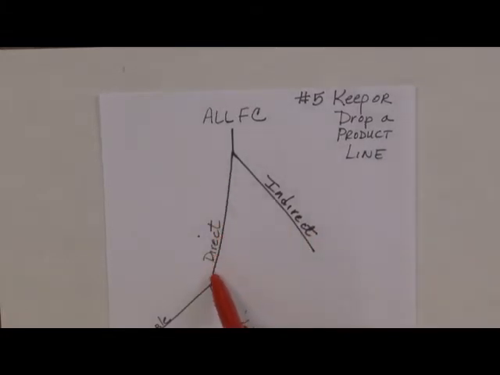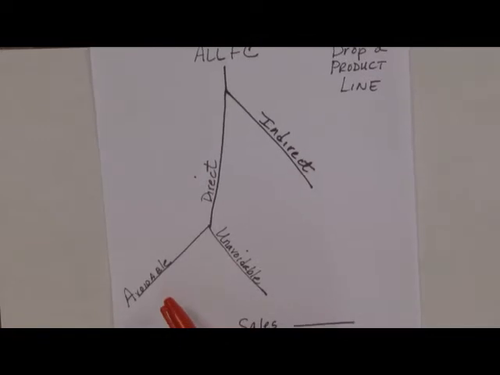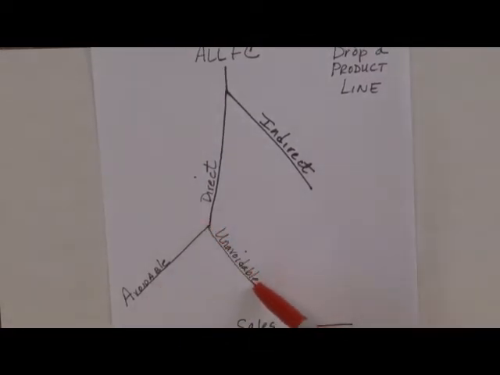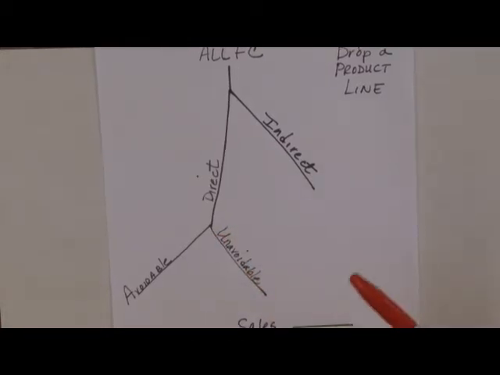So when we look at the direct, these that can be traced, you have to look at whether these direct costs will go away if you close that department. We call those avoidable costs, or will they simply be unavoidable and get redistributed to the remaining departments.